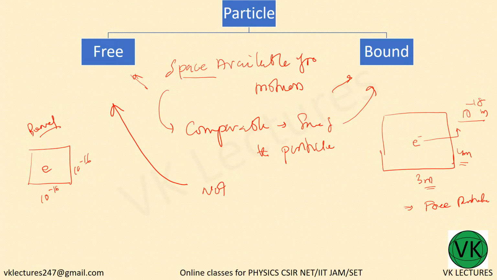Anyway, this particle size will always be smaller than the space available for motion, assuming you can't put an electron in a 10 to the power minus 20 by 10 to the power minus 20 box. The space must always be greater than that. Okay.